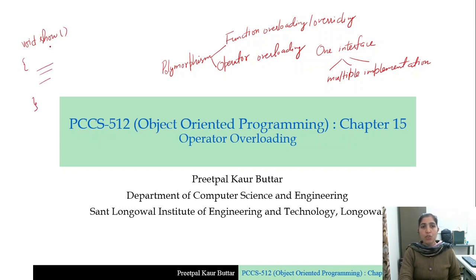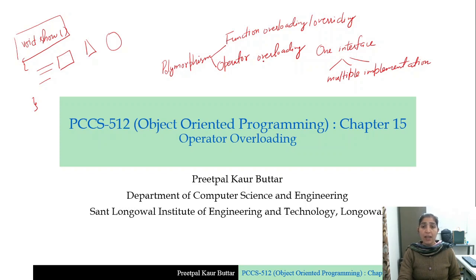The same show function can be used to show a rectangle, a triangle, or a circle. So the implementation details are different, but the interface is same, right? This is the polymorphism which we can achieve through function overloading.